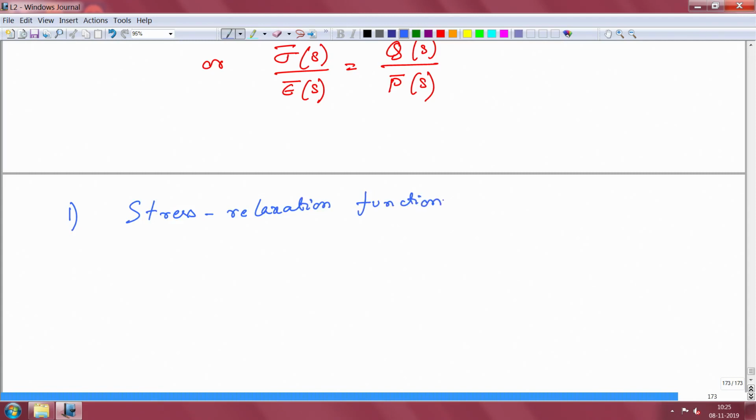Look at the stress relaxation function, where you are basically going to impose a step strain, which is again epsilon naught times h of t. So, the Laplace of this is already known and it is very simple, it is epsilon naught by s, right.